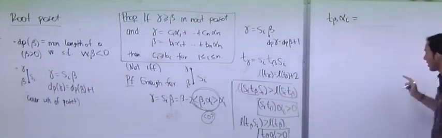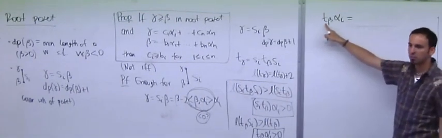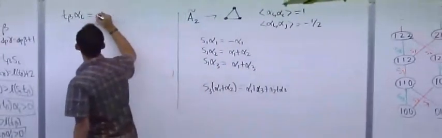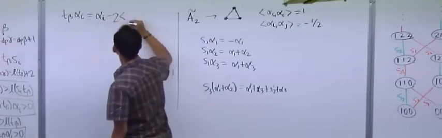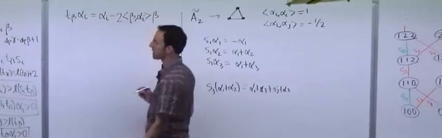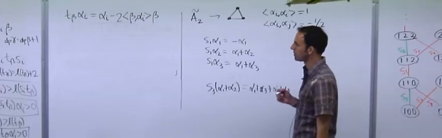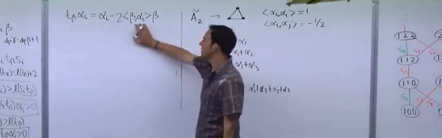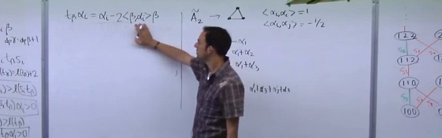Well, remember that this is a reflection, and it acts as a reflection geometrically. What it does is that it takes alpha_i and acts on it by reflection by beta. So it looks exactly like this. That's what t_beta does to alpha_i. And this right here is the number that I'm trying to figure out is negative.